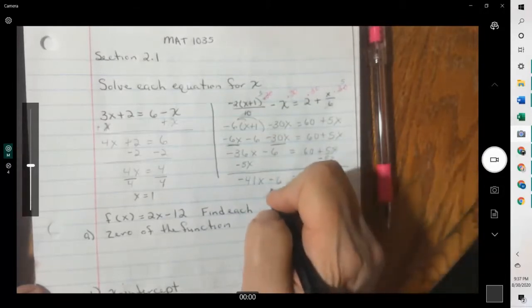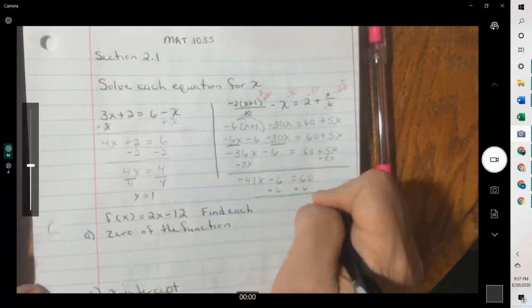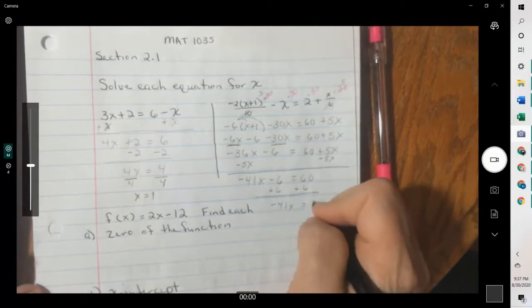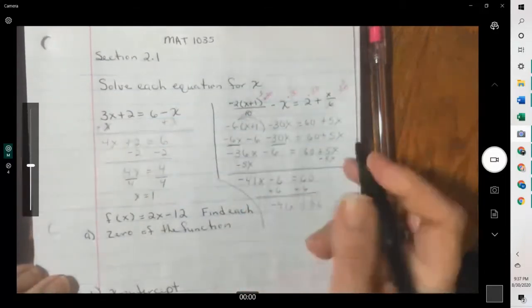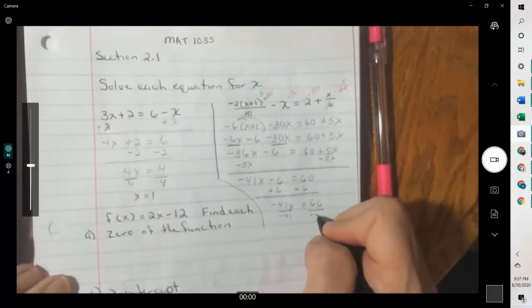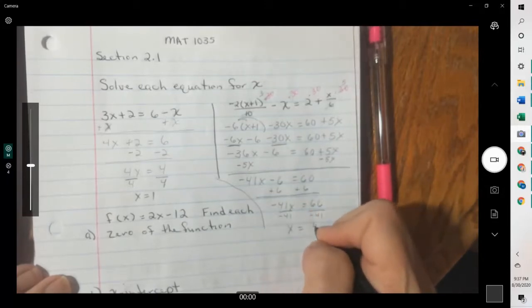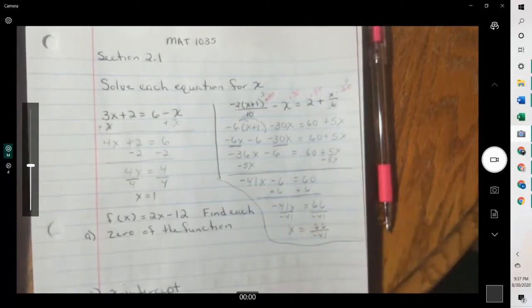Now I'm going to move the 6 to the other side and have a negative 41x equals 66. And then divide by the negative 41. So x equals 66 over a negative 41. And that would be my answer.